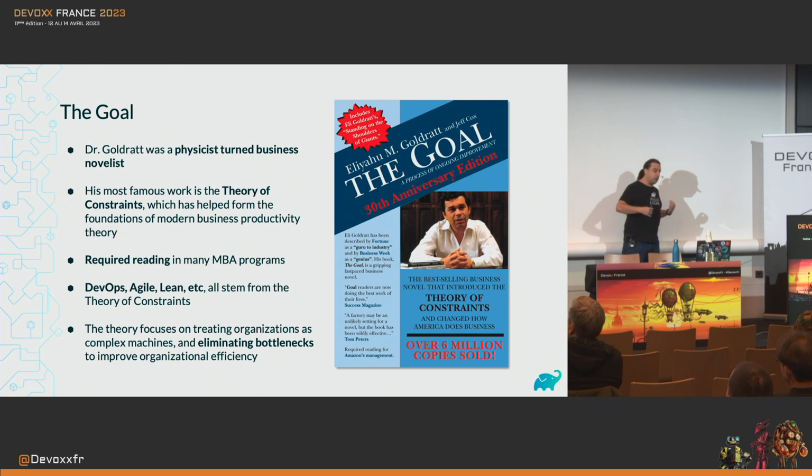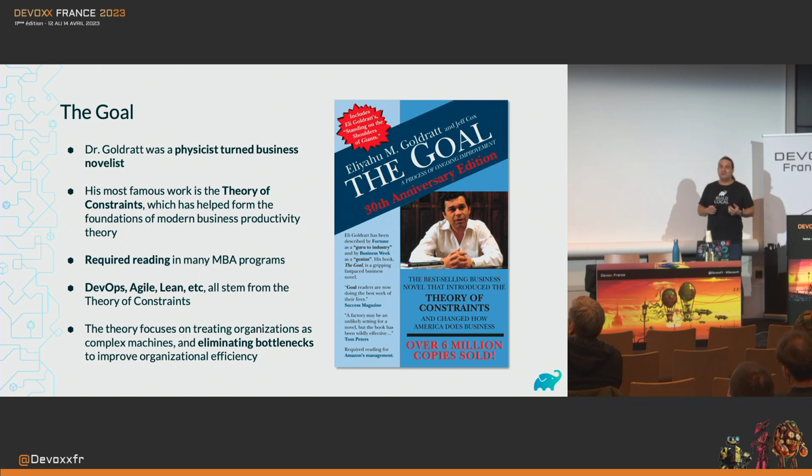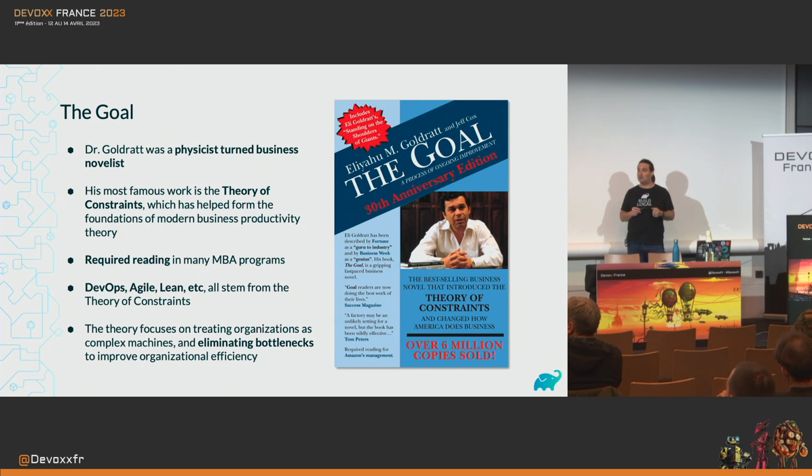So, Dr. Goldratt is a physicist, right? Not a business guy. He was a physicist, but he turned business novelist. His most famous work is called The Theory of Constraints. All right? And even if you've never heard of the theory of constraints, you've heard some of the terminology that's part of this theory. Friction, bottlenecks, value stream management.